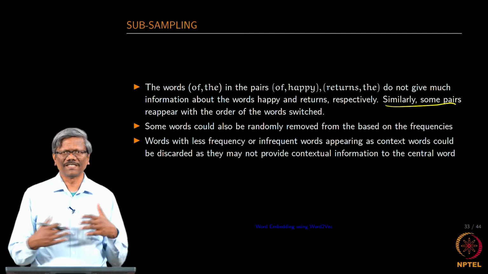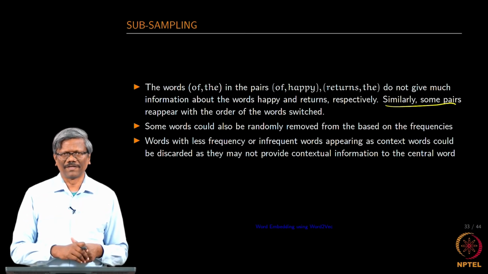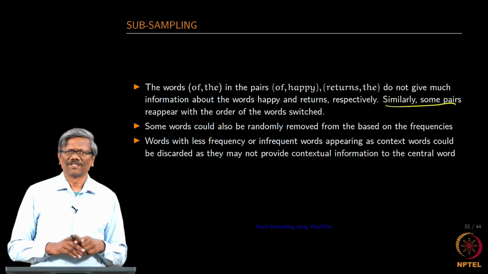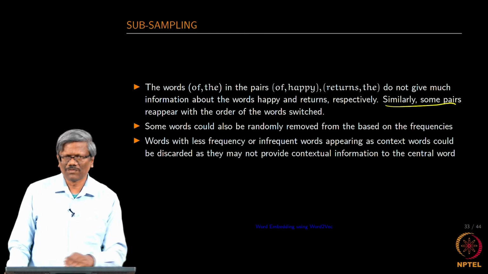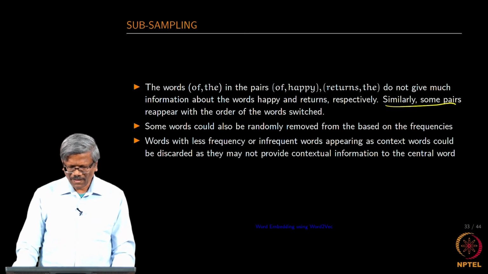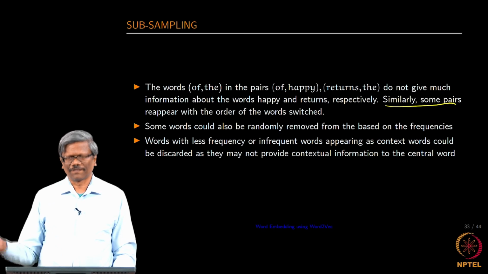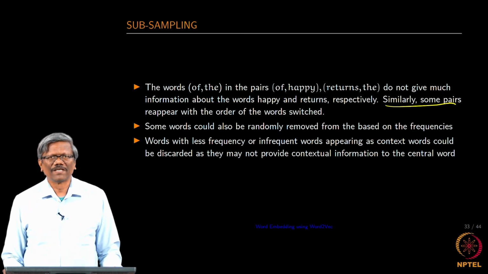The size increases along with the number of vocabulary you have, right. So, we have to somehow reduce the training sample. This is one way to reduce the training sample. We can also remove certain words from the vocabulary based on the frequency.